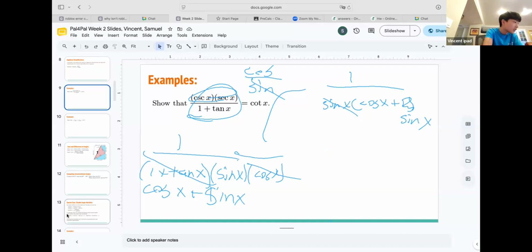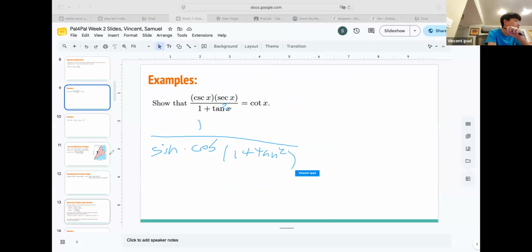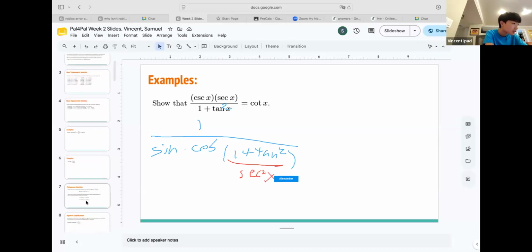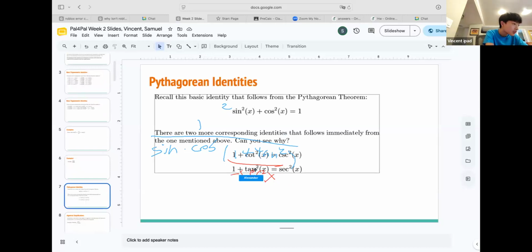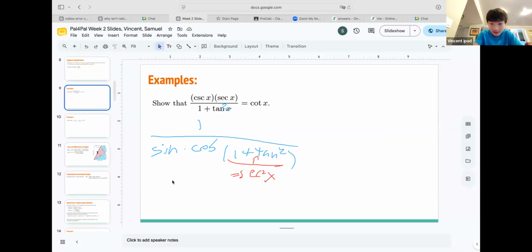Clear all. Okay. 1 over sine times cosine times 1 plus tangent squared. We also saw tangent squared some other place. So 1 plus tangent squared is secant squared. So this is secant squared.